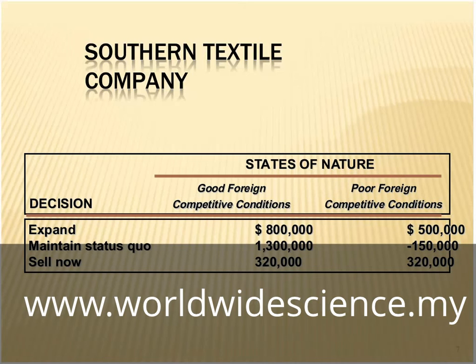But if you want to select maintain, in good foreign competitive it is 1,200,000, but in poor foreign competitive we lose, and there is no profit for the company. We lose 550,000 US dollars. And if you want to sell, we can sell it with a price of 320,000.